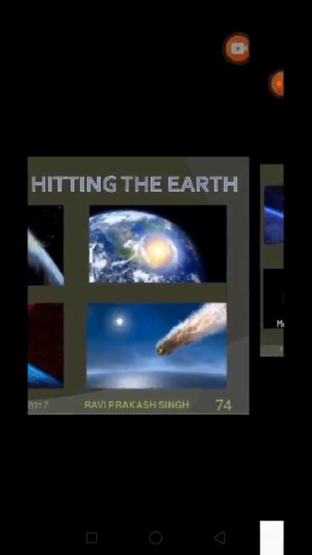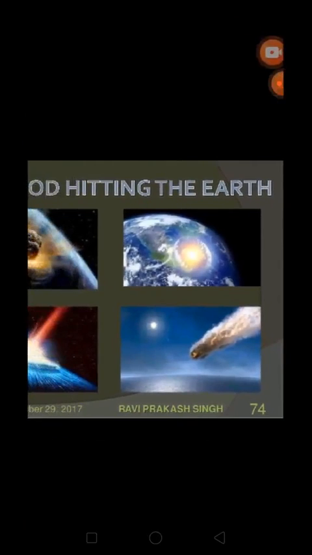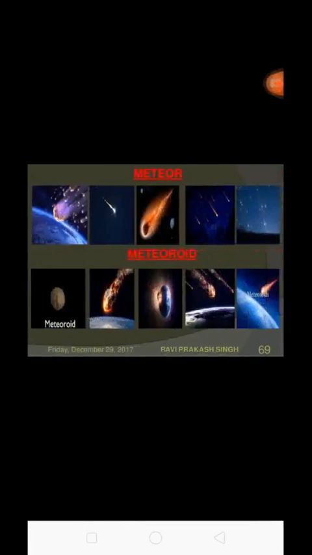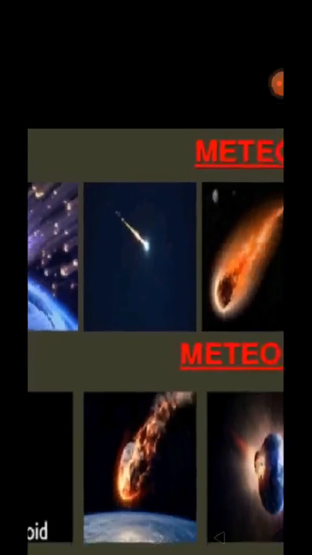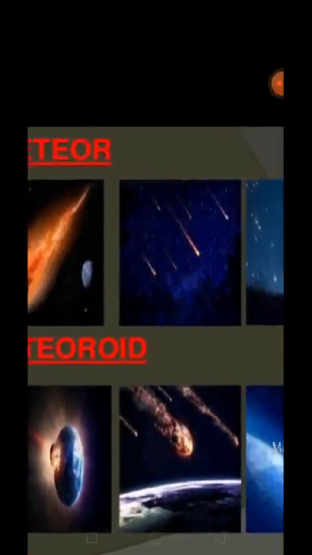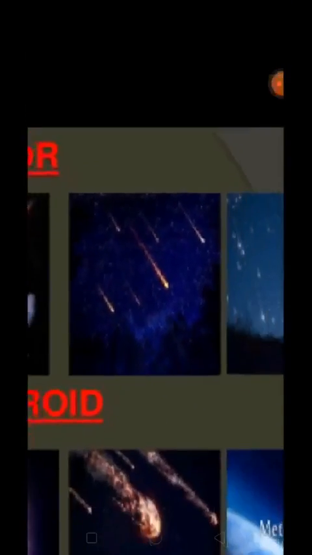Okay, now the next is meteors. You might have seen a bright streak of light. See over here, these are meteors. These are several pictures of meteors.